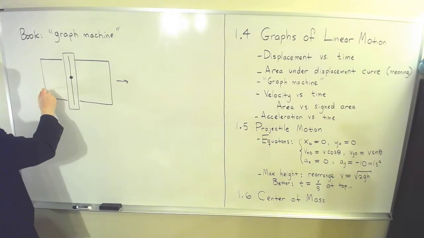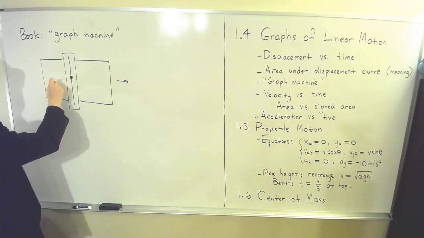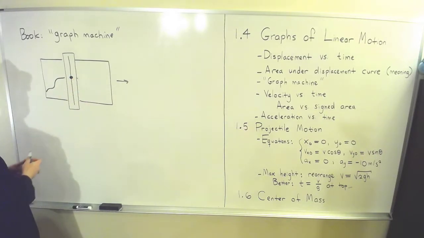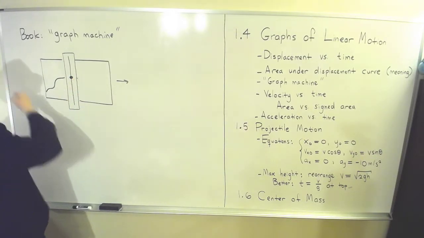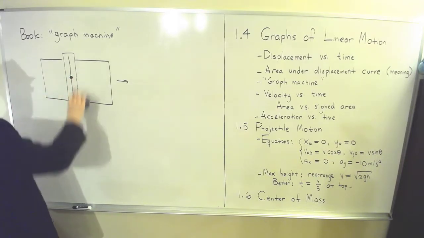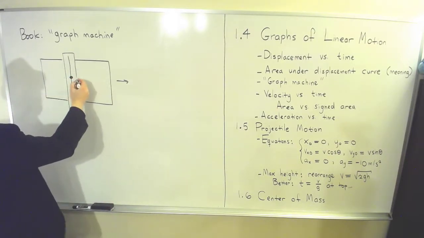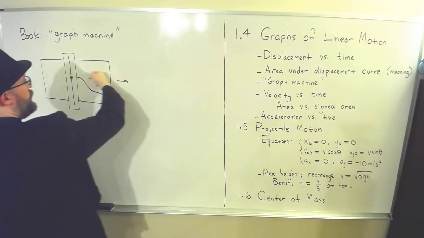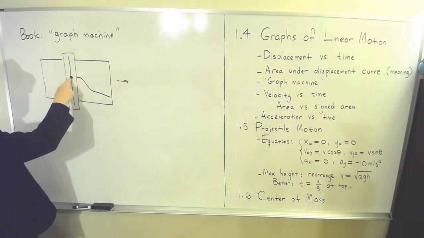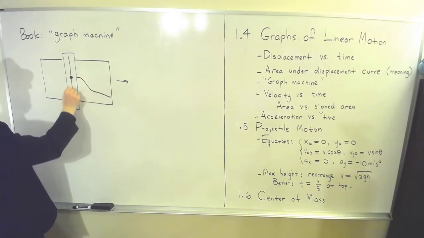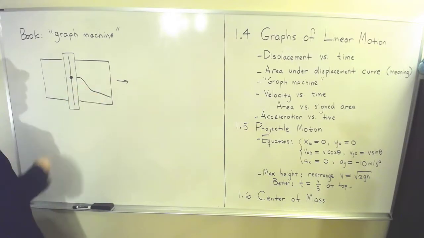So as the paper is pulled through, the position of that point will trace out a line. I guess I drew this the wrong way, because this is the part of the paper that's already been pulled through. So you're pulling the paper through this way, and this will tell you, well, the point started out here, and as I dragged the paper through, it moved up here, and it made this little mark on here.